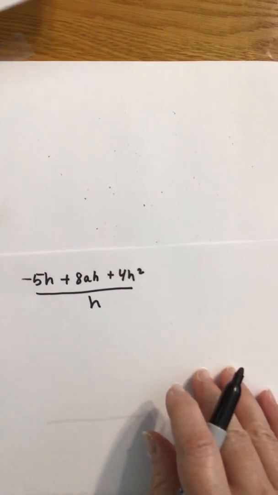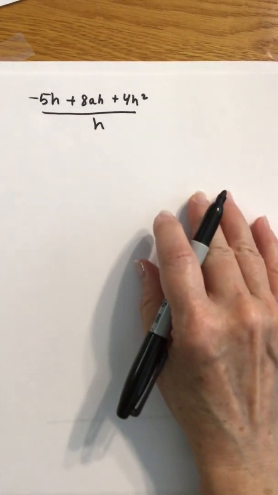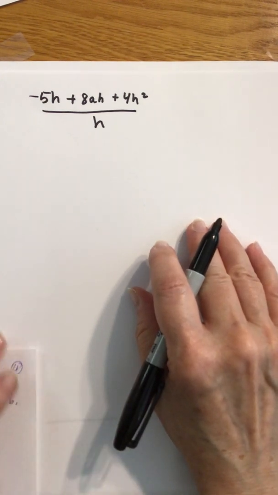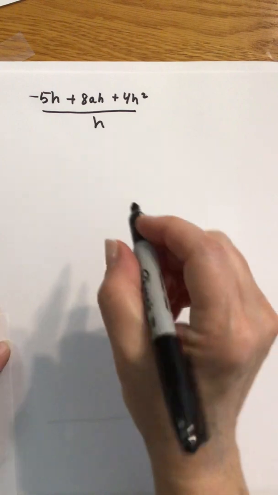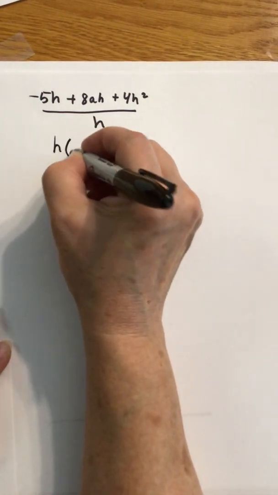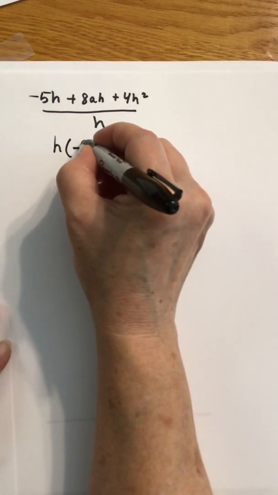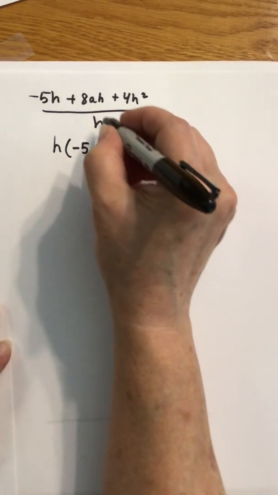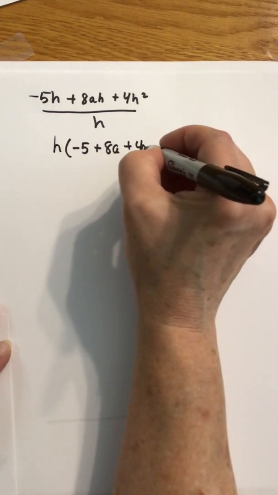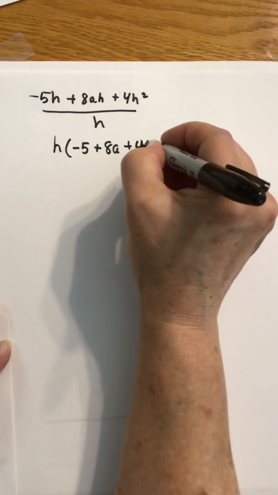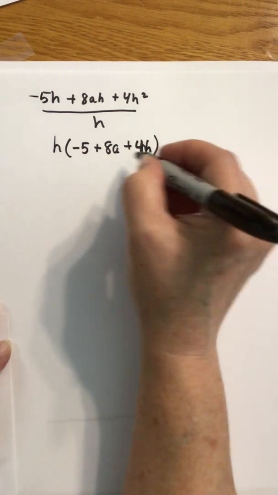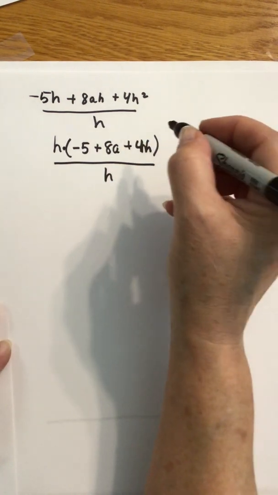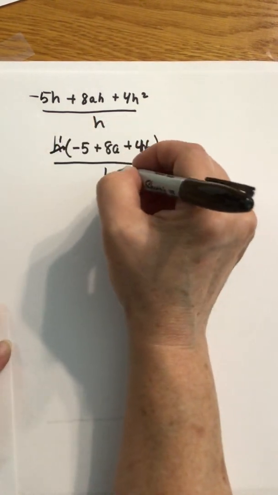So does everybody agree with that? So what do you see in common to that numerator that we can distribute out? We see an H. So we're going to take an H out. It's going to give us negative 5 plus 8A, because we took the H out, plus 4H, all over H. So now this is multiplied, right? So I can divide an H out of the numerator and the denominator.